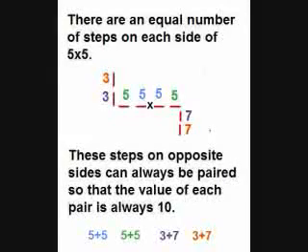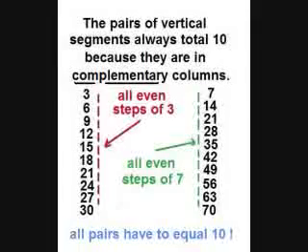There are an equal number of steps on each side of 5 times 5. These steps on opposite sides can always be paired so that the value of each pair is always 10. The pairs of vertical segments always total 10 because they are in complementary columns.